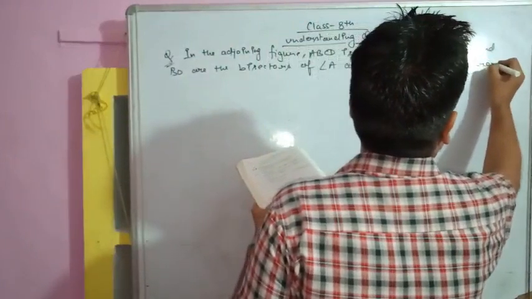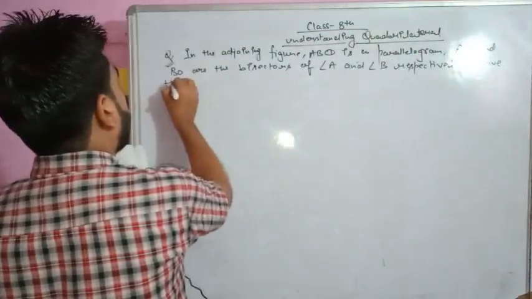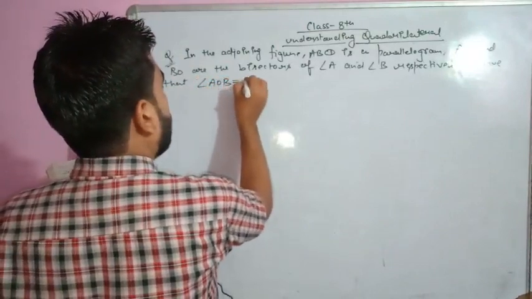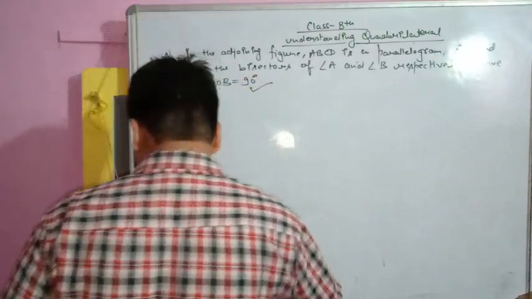Prove that angle AOB is equal to 90 degrees. So this is what we have to do.